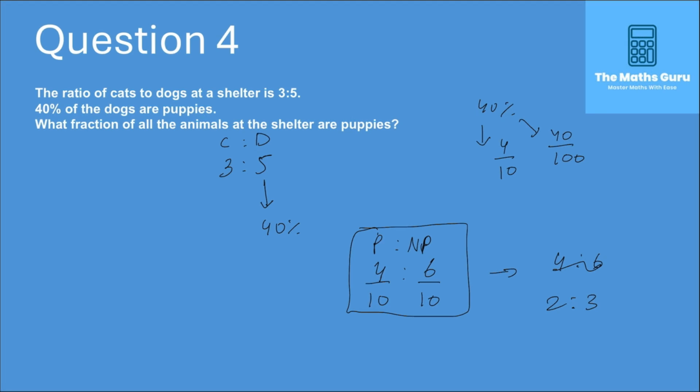So the total number of parts here is going to be 5. So 2/5 is going to be our fraction for the number of puppies to the number of not puppies we have as dogs. And remember that the whole ratio is 3 to 5.